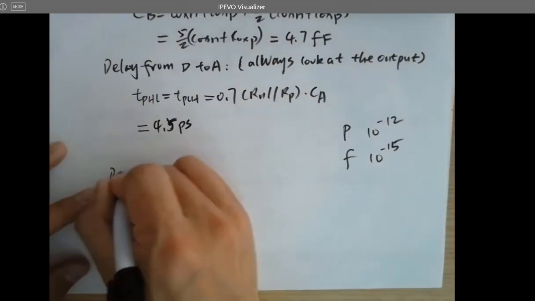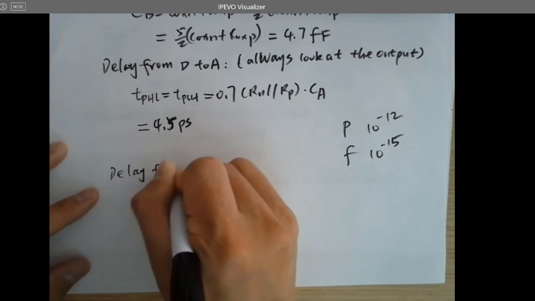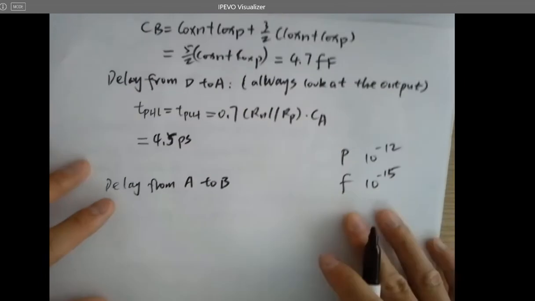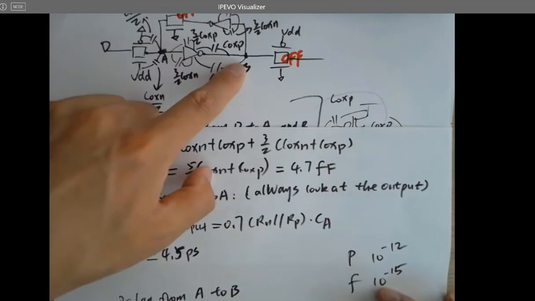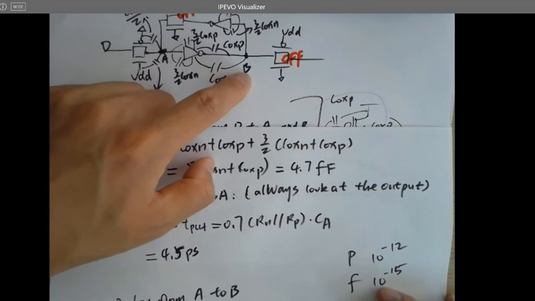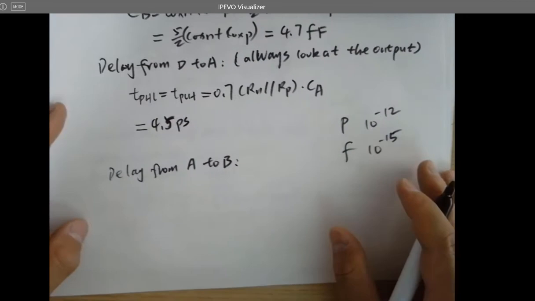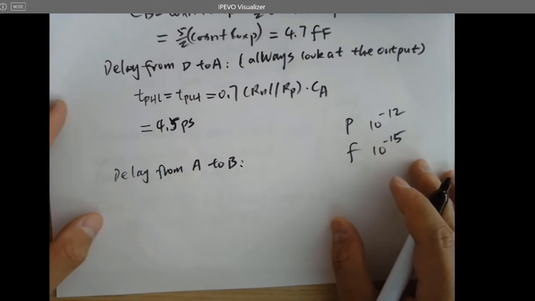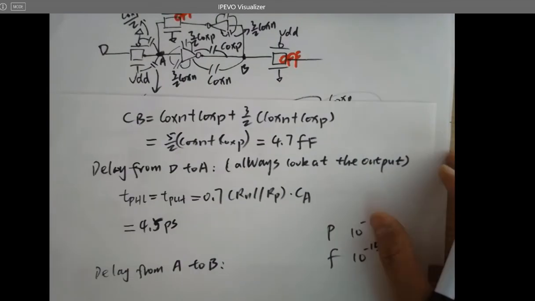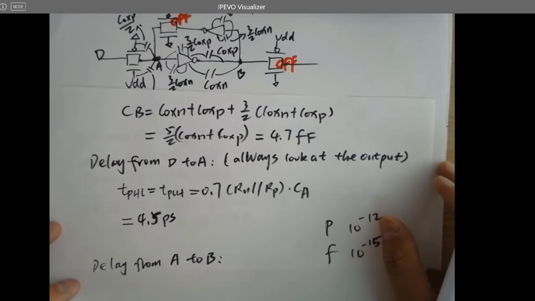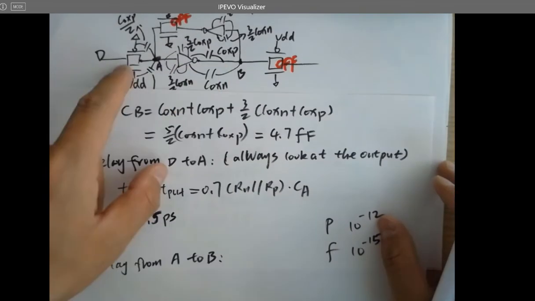So what about delay from A to B? From A to B, always look at the output. It can be different because it's passing an inverter. It's different from the transmission gate.